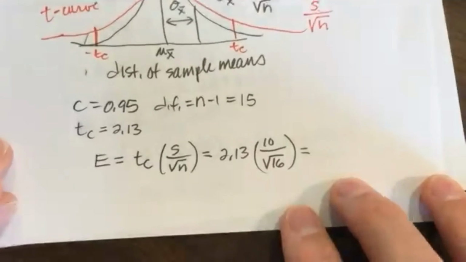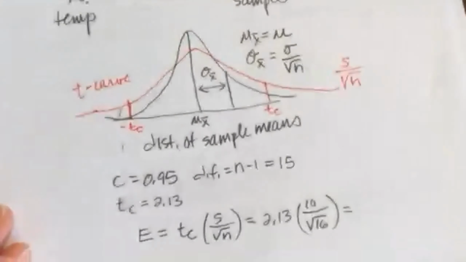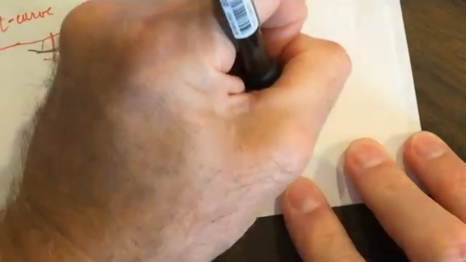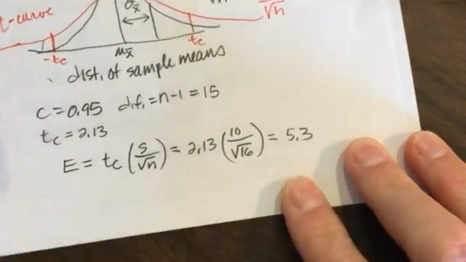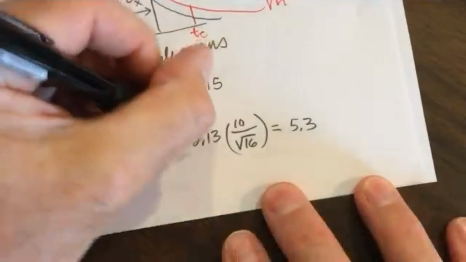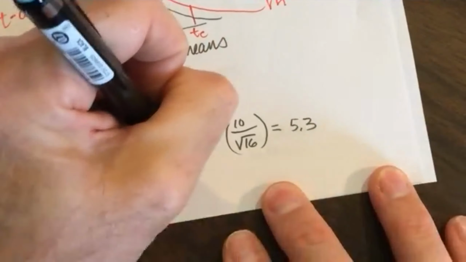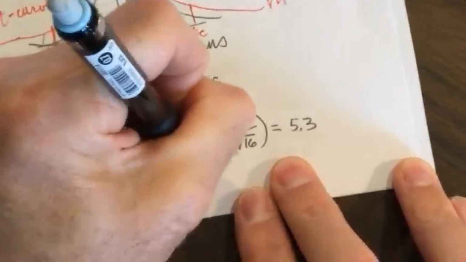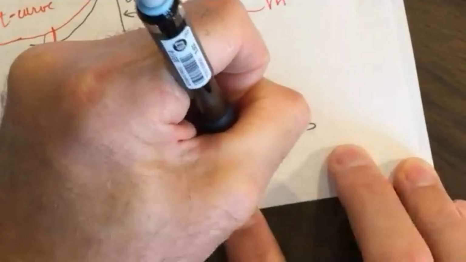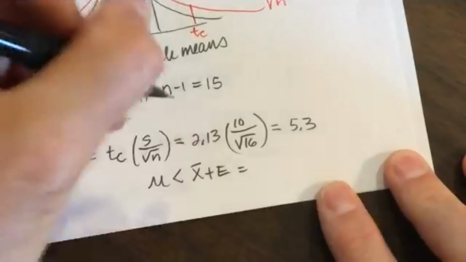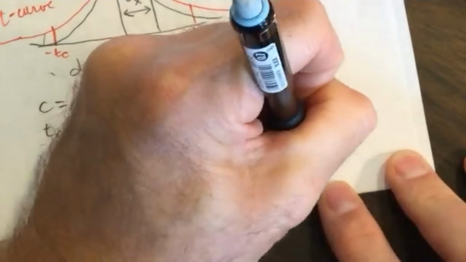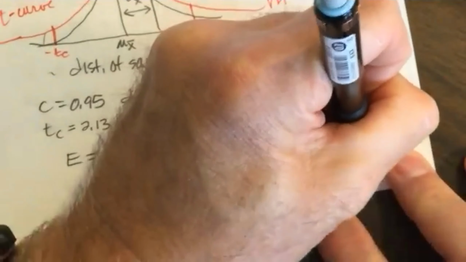And then using a calculator, I'm going to get about 5.3. Okay, so we know that our average is going to be less than our sample mean plus the margin of error, which in this case is 162 plus 5.3, or up to about 167.3.